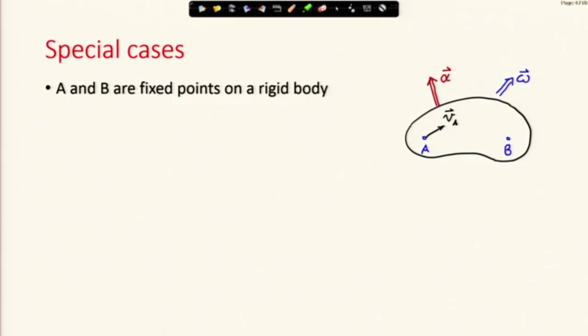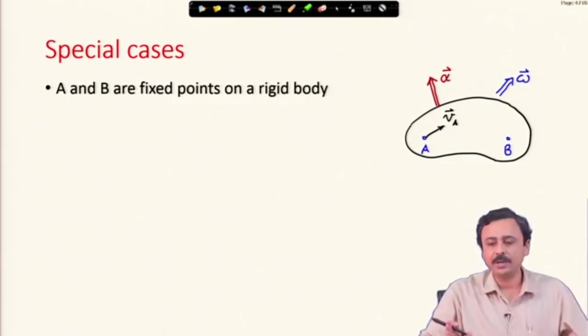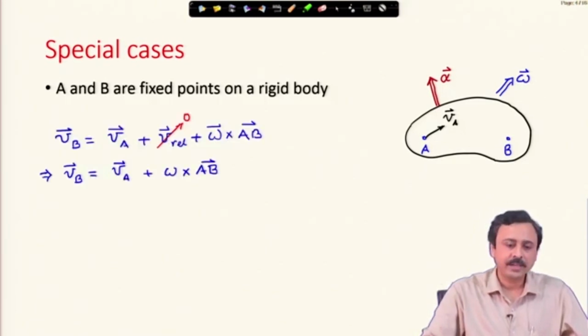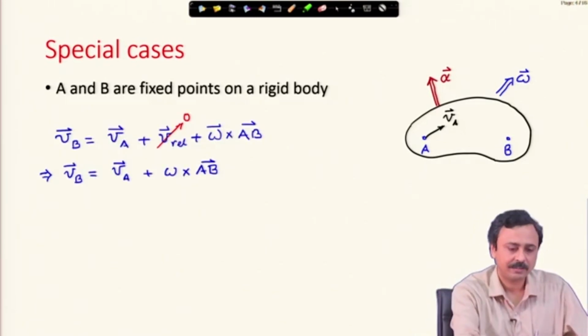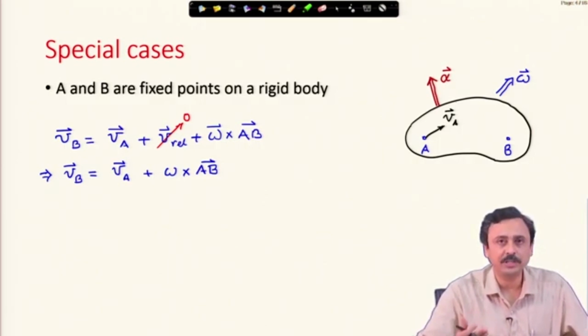The first situation that we are going to consider is when A and B are 2 points fixed on a rigid body. If that be so, let us write down the most general velocity relation. So, velocity of B is velocity of A plus V rel plus omega cross AB, the general velocity relation.